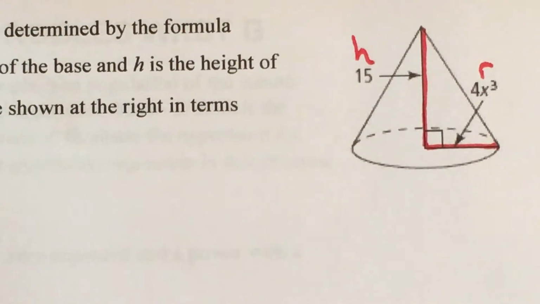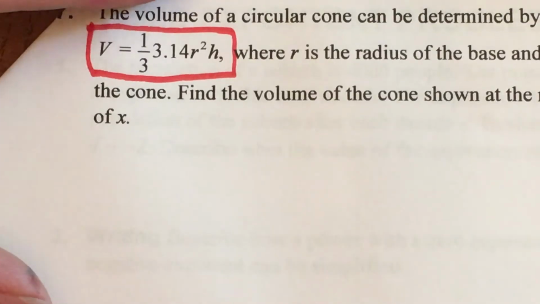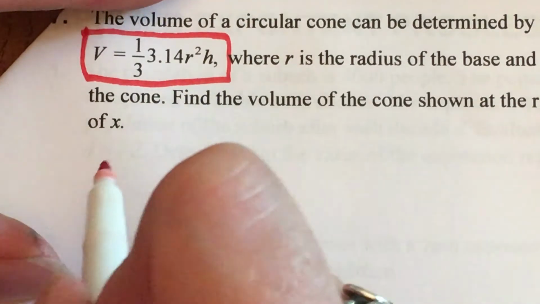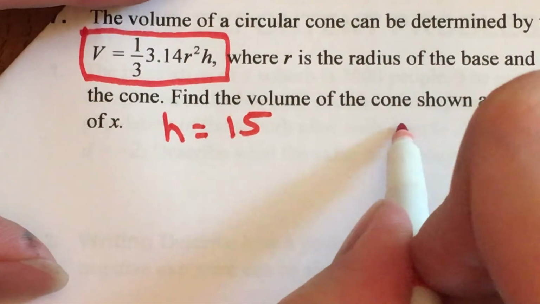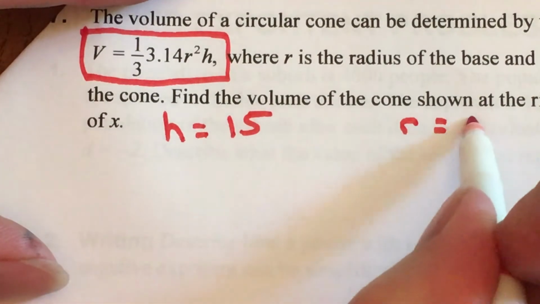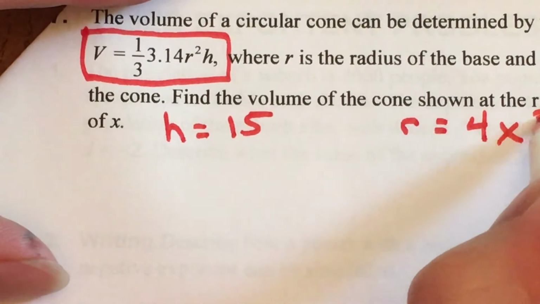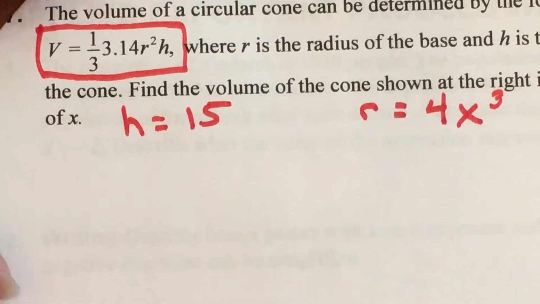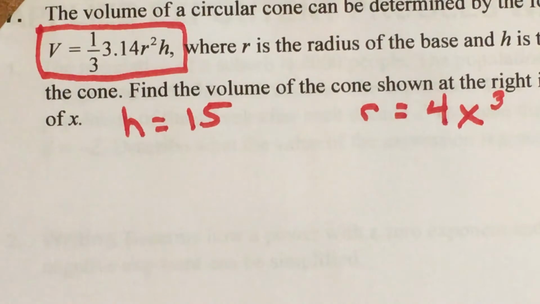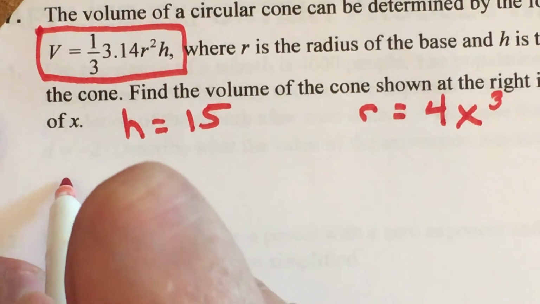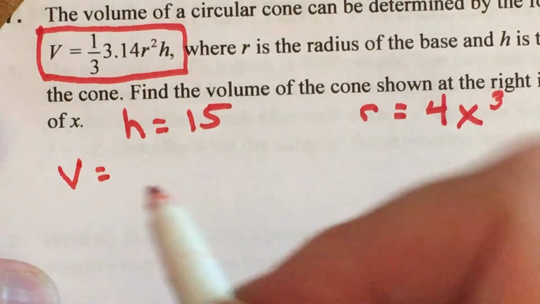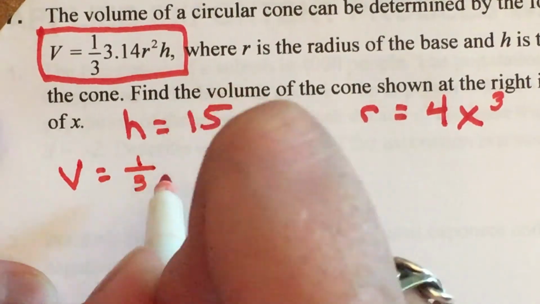Let's write our quantities here in the space that is provided. H equals 15 and R equals 4x cubed. All right, let's go plug things into the formula. The volume is equal to 1/3.